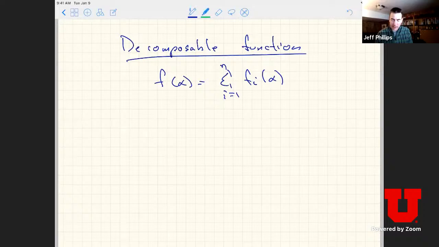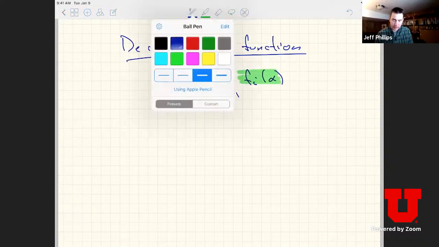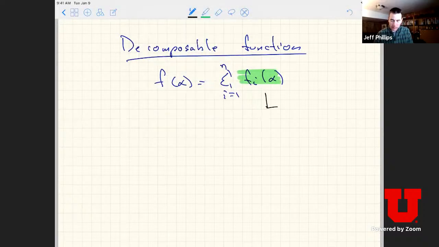And the idea is that each of these is going to have a kind of simple form. I'll be able to understand what's going on with each of these individual terms, and then I can just add them up. This has the power that I can decompose the gradient into this batch approach, or I can do stochastic gradient descent or incremental gradient descent that I can't do generally otherwise.